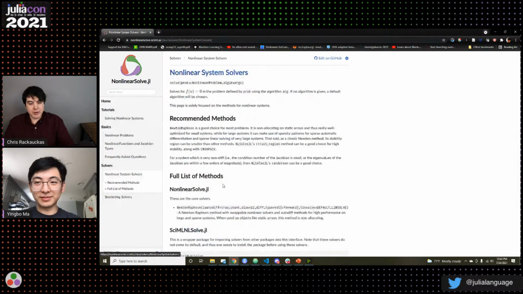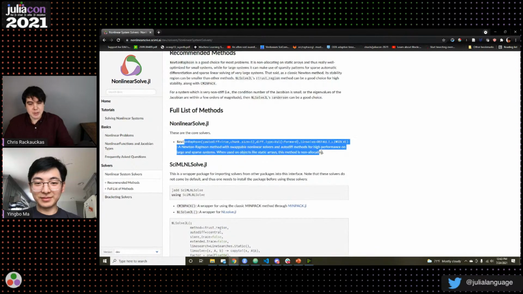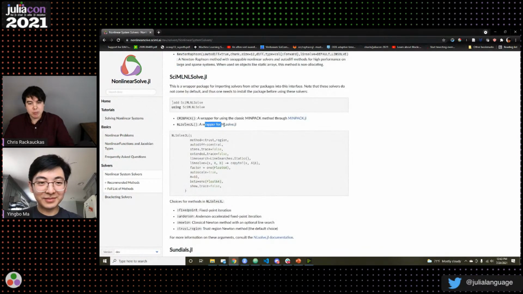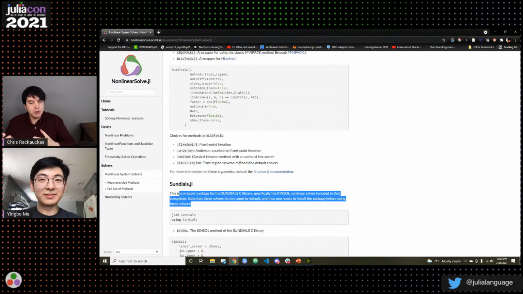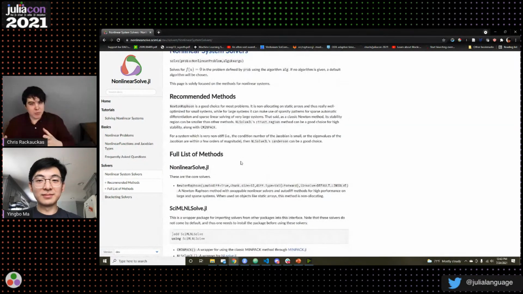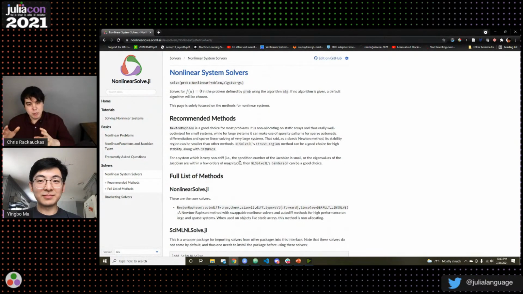If you go to the nonlinear system solvers, it has some methods that are built in, but it also has a wrapper for NLsolve, a wrapper for MINPACK, and a wrapper for Sundials. So you can use all of the nonlinear solver libraries from this. What ModelingToolkit will do for nonlinear problems is build the output for this library, so that you can then send it to all possible nonlinear solvers.